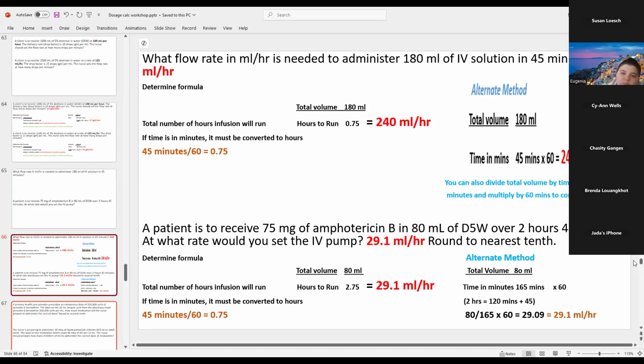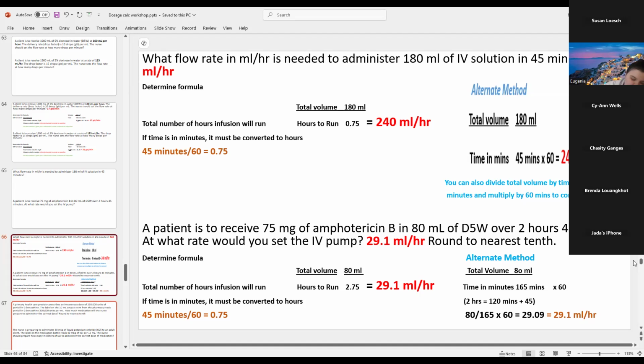Okay, so now you take your total volume and you're dividing it by your hours. And that tells you it's 240 mLs per hour. Because here, your volume has to be equivalent. Your time has to be in what we're trying to get it to, which is mLs per hour. If your time is in minutes, it has to be converted at some point.